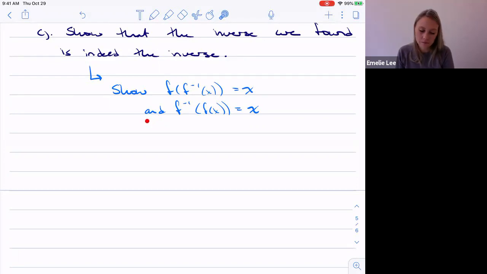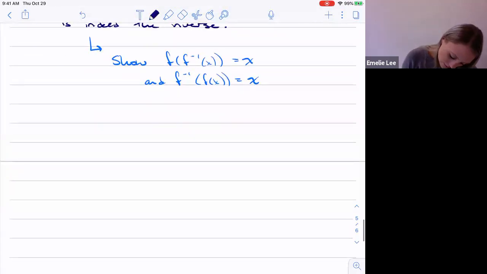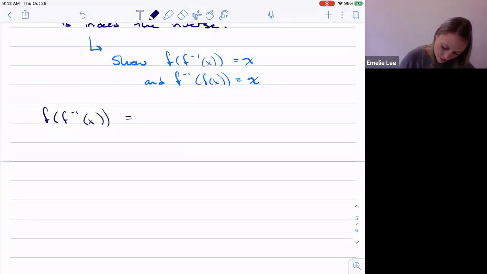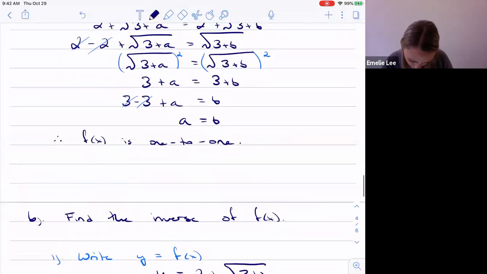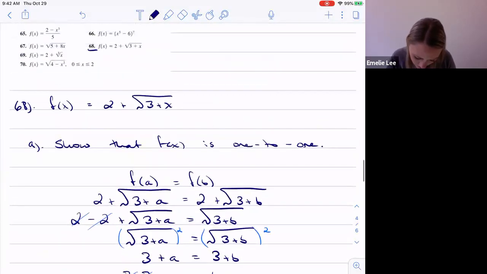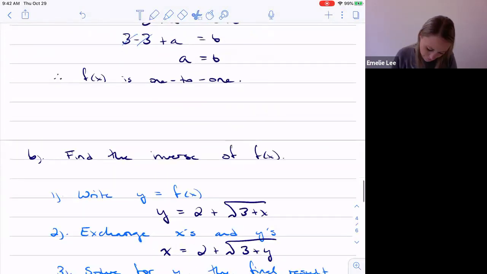I'll start with this first one. f of the inverse of f of x is equal to, well, let's remind ourselves what our function was here. Copy.